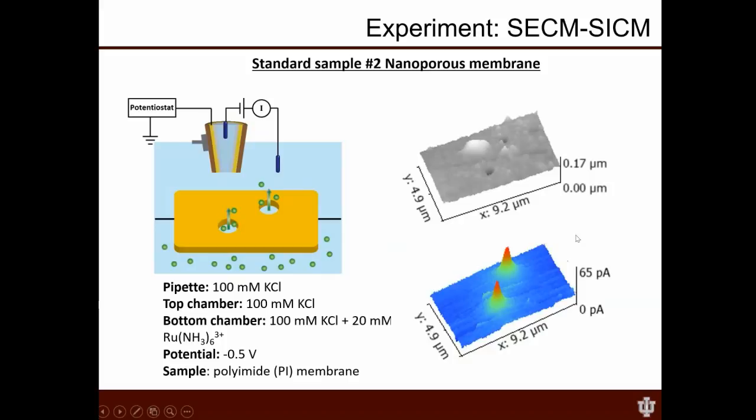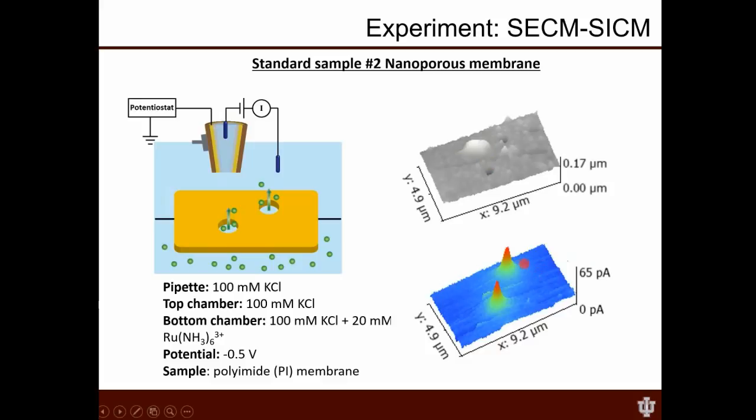And what you can see in the images on the right is a topography image that's recorded with the SICM channel, and here are two unique pores in the membrane. This is a polyimide membrane. The pores are about 100 nanometers or so. And if you look at the topography image, you don't see anything over the pores, but you do notice this feature here that's to the left of this top pore.